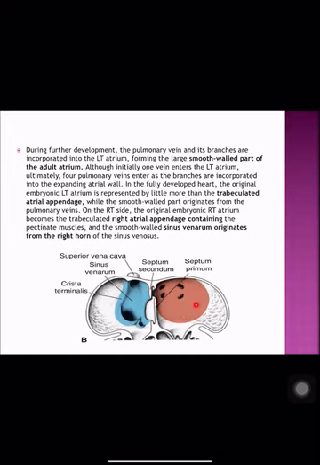So that now in the developed heart, the primitive left atrium will form the trabeculated atrial appendage on the left side, and the primitive right atrium will form the trabeculated atrial appendage on the right side. While the smooth part will be derived from the right sinus horn, as we said, from the right side, and the pulmonary veins from the left side.